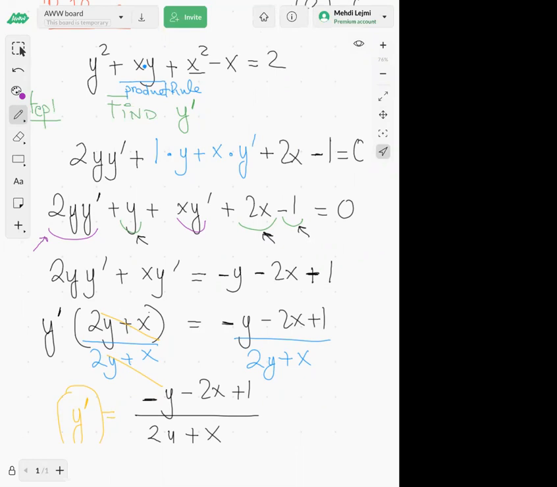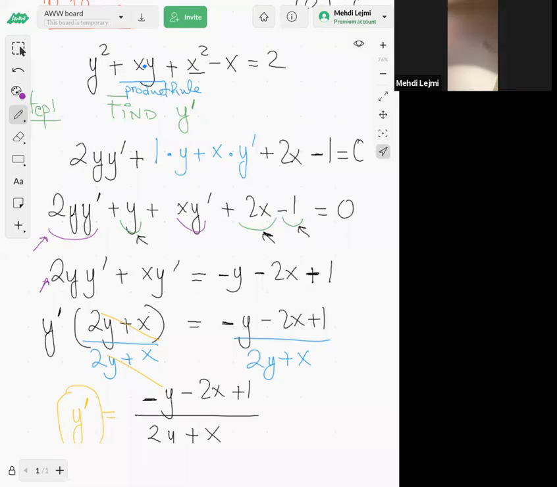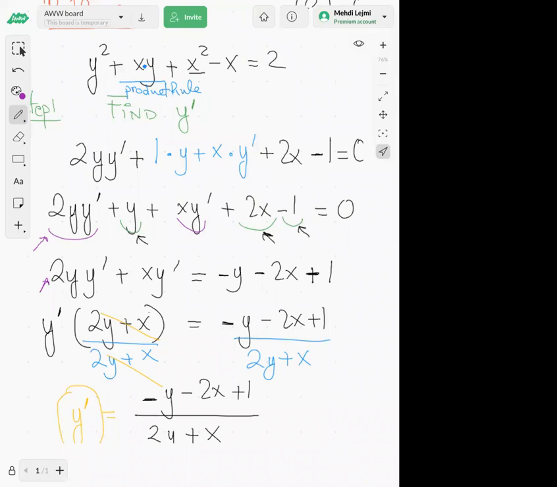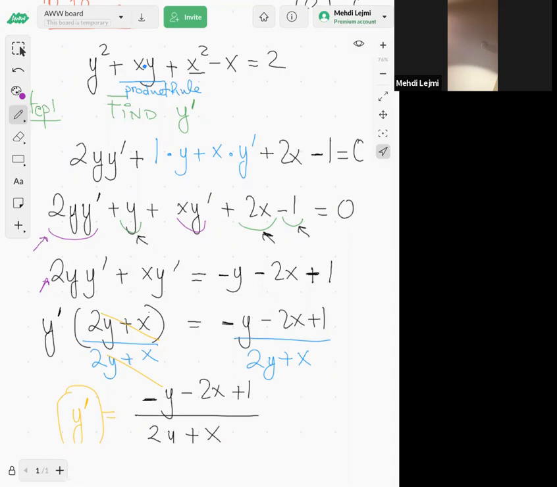But after that, when I put solve for y prime, I didn't solve for y prime. I just factored out the y's. Oh, okay. Of course, you have to factor out the y prime, because you are trying to solve for y prime.